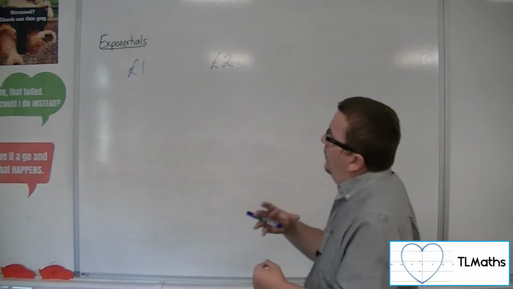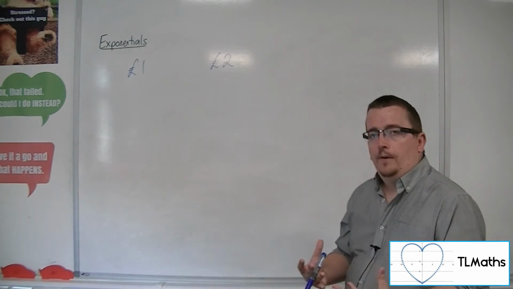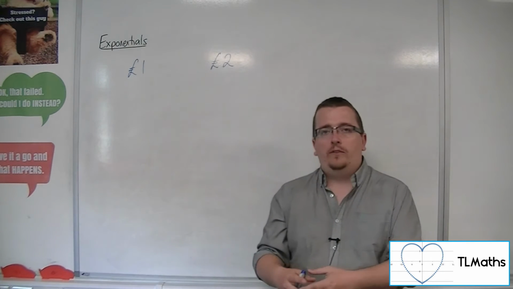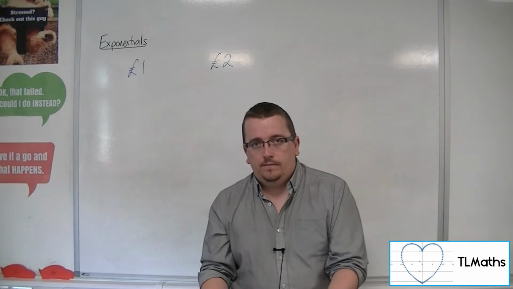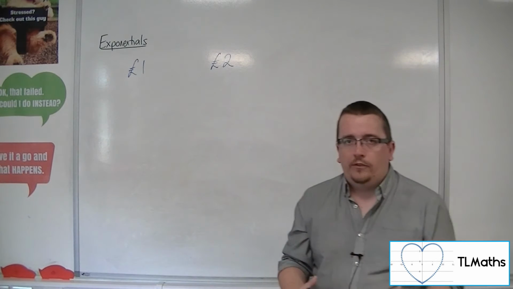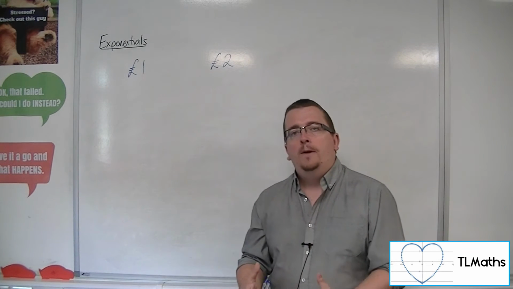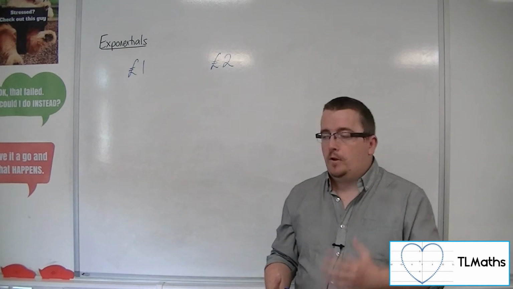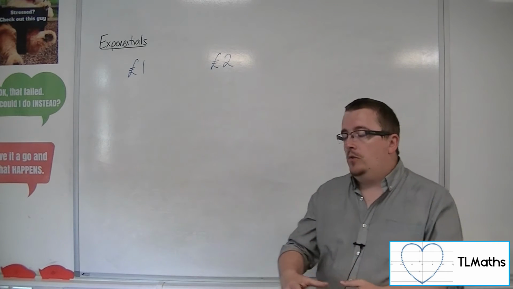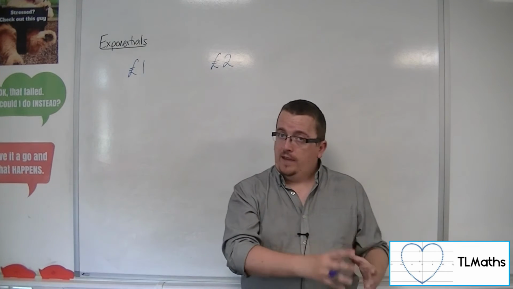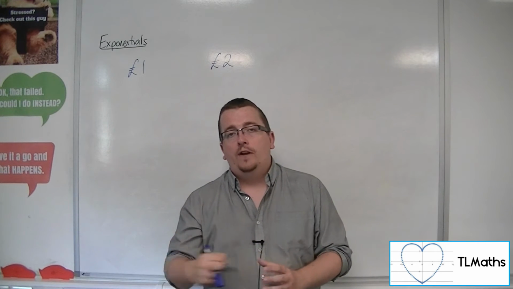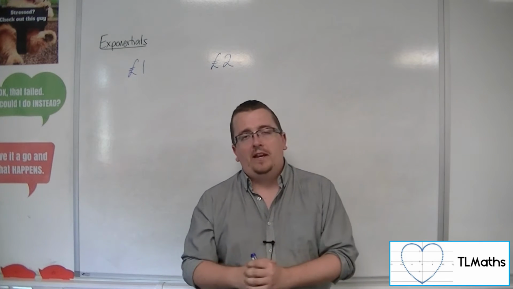Now, what would happen if, instead of the bank just giving you your interest at the end of the year, that interest, the 100%, could be split up over 2 6-month periods, for example? Okay, so instead of earning 100% at the end of the year, you would earn 50% on your money in the first half of the year and 50% in the second half.